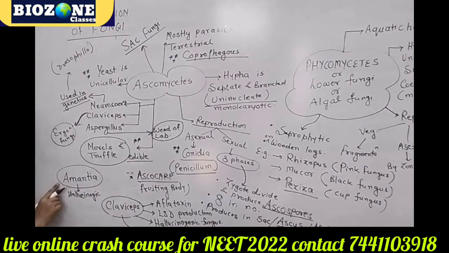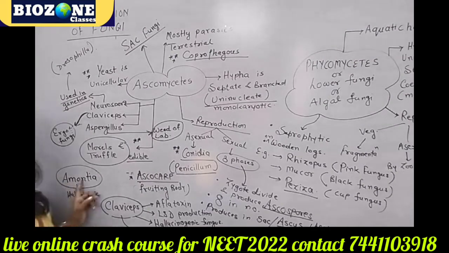So Amanita is actually the asexual phase of Claviceps. ठीक है, ड्यूटेरोमाइसिटीज में जब आप स्टडी कर रहे हैं तो in Deuteromycetes it is called Amanita. When you studied it under Ascomycetes, when sexual reproduction takes place, the new name for the sexual reproduction phase is provided, that is Claviceps.